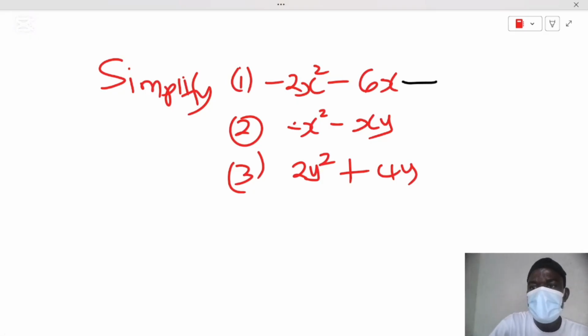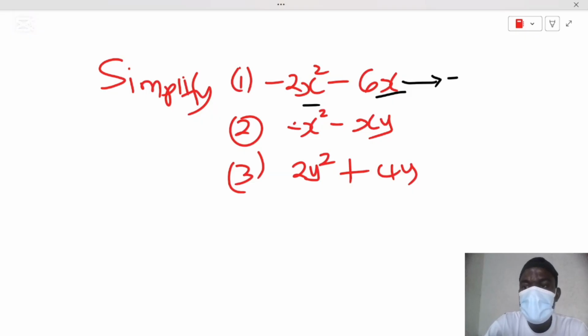Just find the common factor that can go into negative 2x squared and into 6x. Start with numbers: 2 can go into 2 and also into 6. Now the letters: x can go into both. Then we take the sign, negative.